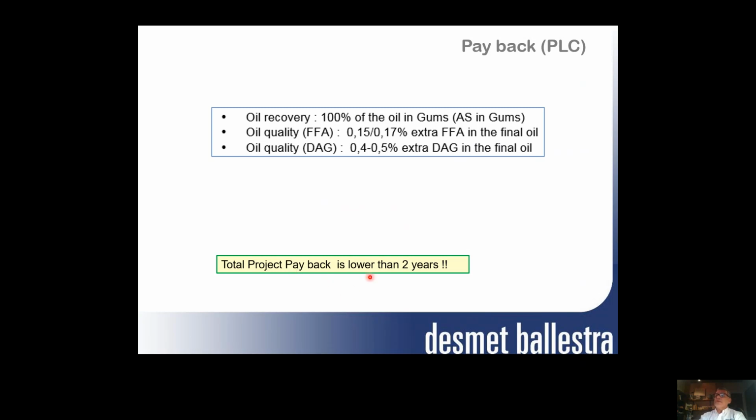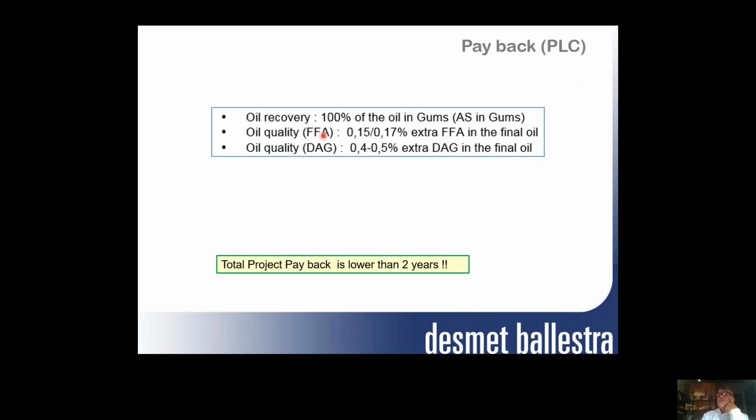So the payback is lower than 2 years, with an oil recovery of only, I mean it could be even higher, 100% of the oil, as guaranteed. But expected is 110 to 120% of the oil in gums.